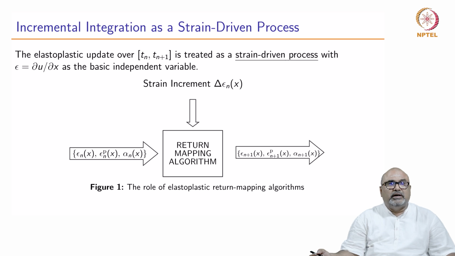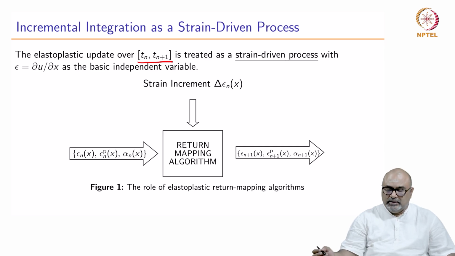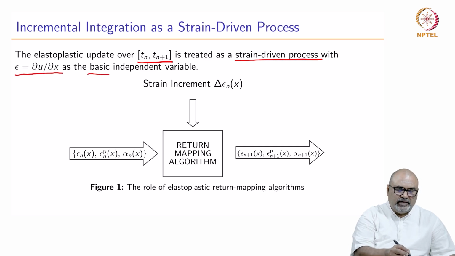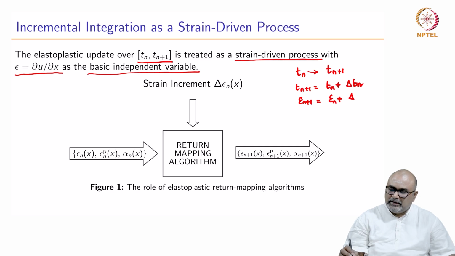So, this is called the elastic plastic update over the time interval Tn to Tn plus 1, treated as a strain driven process with epsilon equal to dou u by dou x as the basic independent variable. So, we are going from Tn to Tn plus 1, where Tn plus 1 is equal to Tn plus delta Tn, and epsilon n plus 1 is equal to epsilon n plus delta epsilon n.